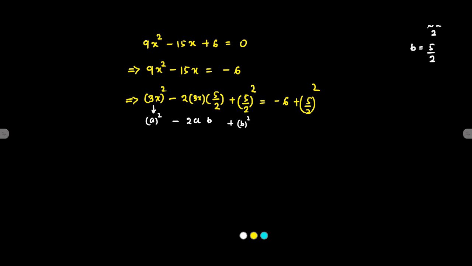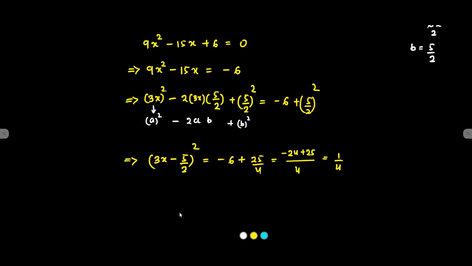That implies we can write it as 3x minus 5 by 2 whole square, which is equal to minus 6 plus 25 by 4, which is equal to minus 24 plus 25 by 4, which is 1 by 4.